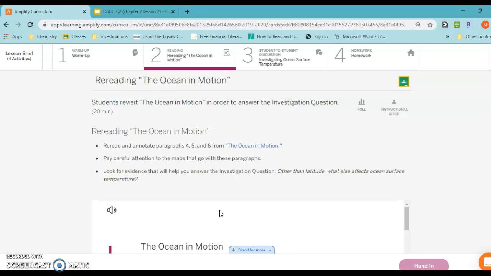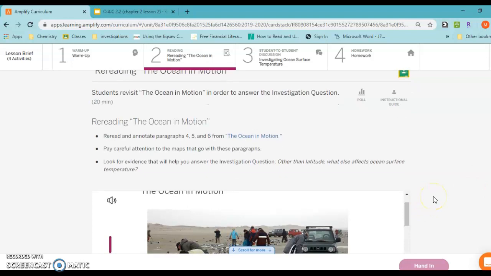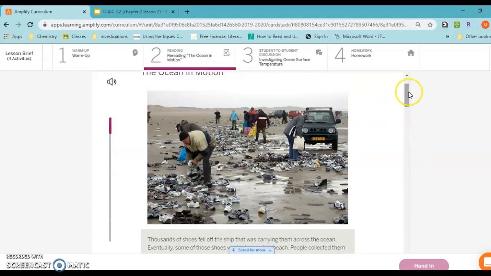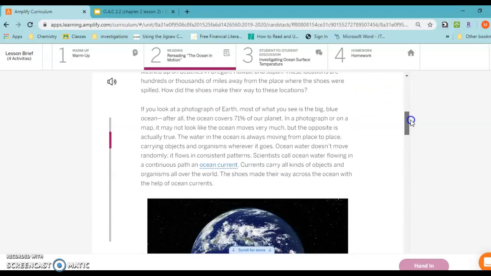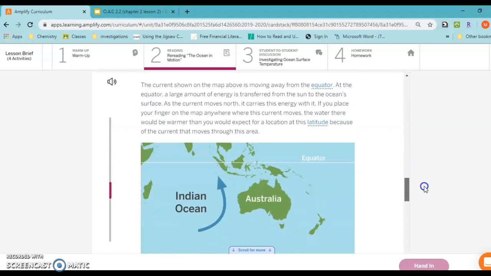I thought that was a really great idea, so I just want to bring up that good point. So remember, we're reading to answer, other than latitude, what affects the surface temperature? So let's scroll on down here, and Ms. Jackson's going to skip 1, 2, 3. We're going to go straight to 4.